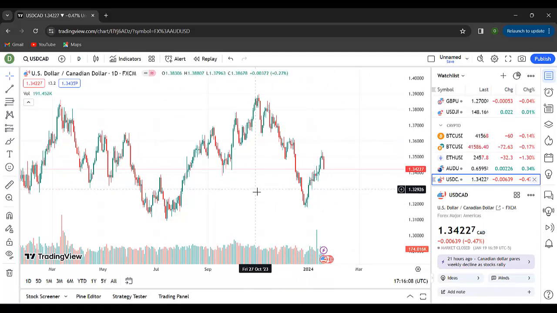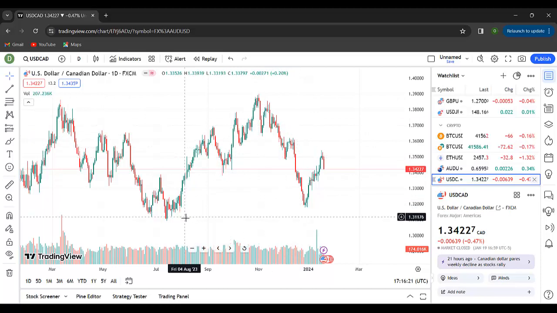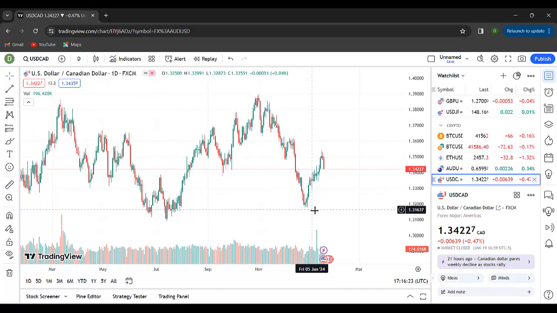If you take a proper look, it looks like, okay, so yeah, this looks like a head and shoulders. This was a retest and this was the end of the pattern.